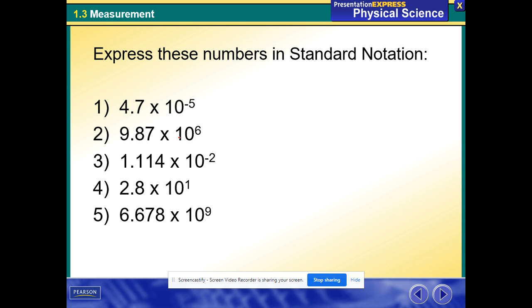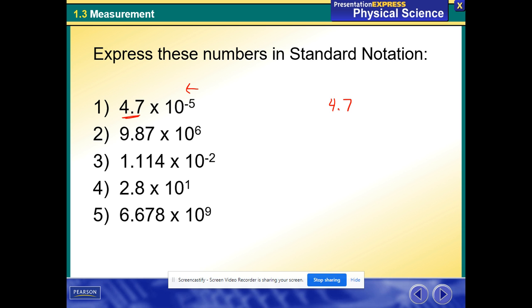Here, express these numbers in standard notation. I'm given 4.7, and it's saying I have a negative 5. This tells me I want to move 5 places to the left. The reason for this is I want to make this number smaller.